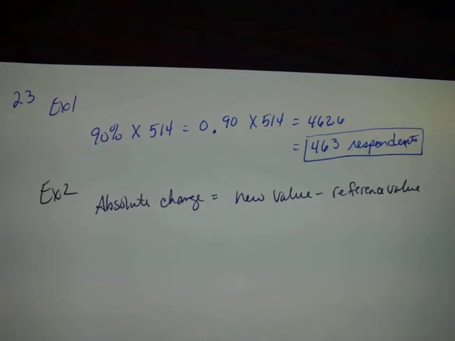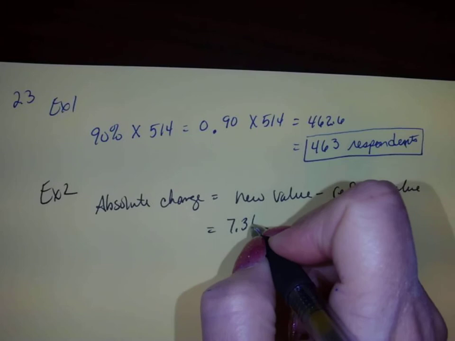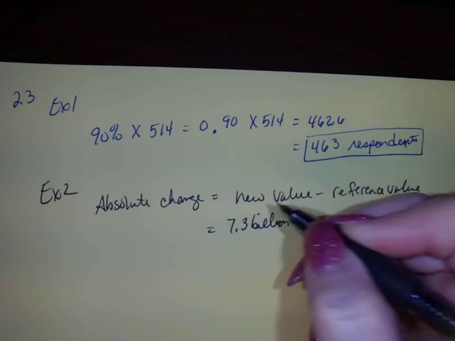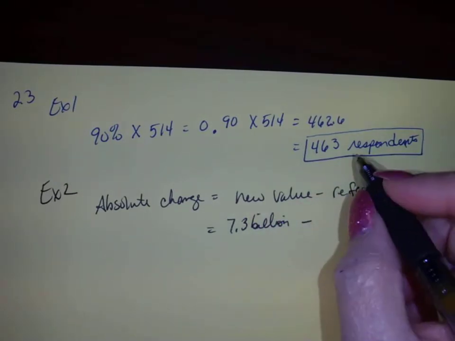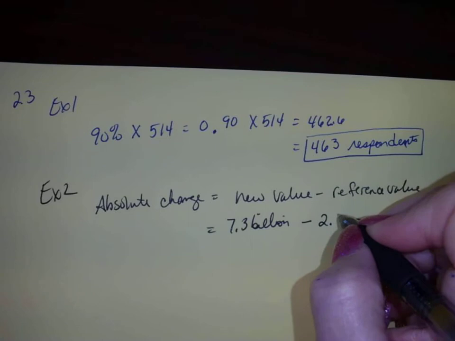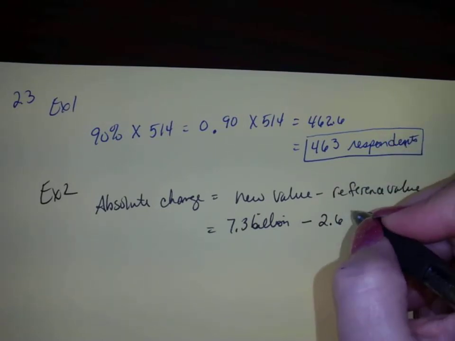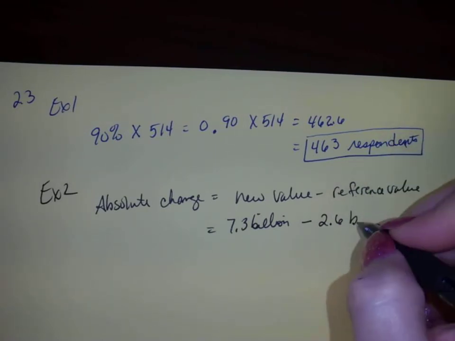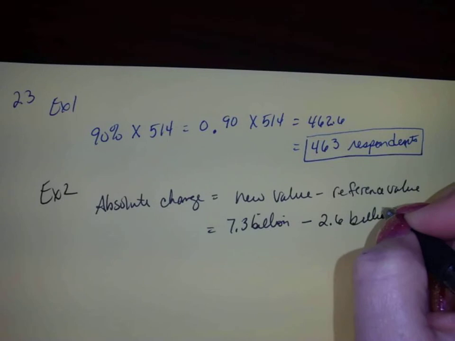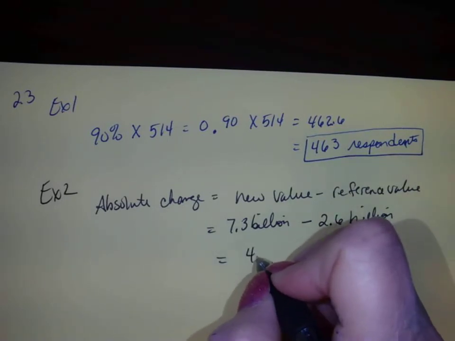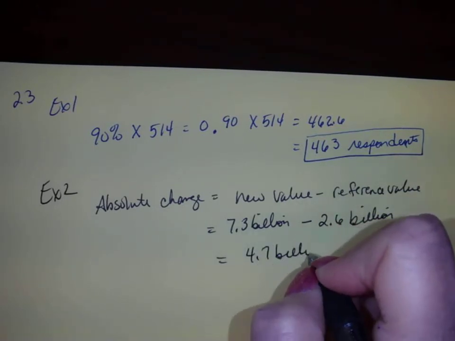So the 7.3 billion is our new value minus our old value or our reference value from 1950. And this will get us 4.7 billion change.